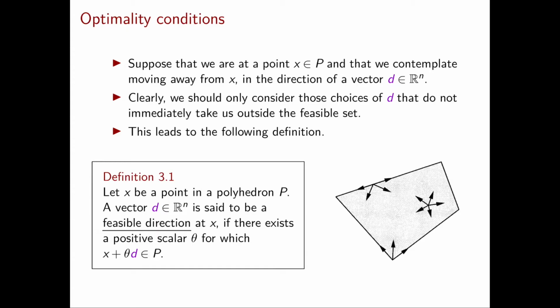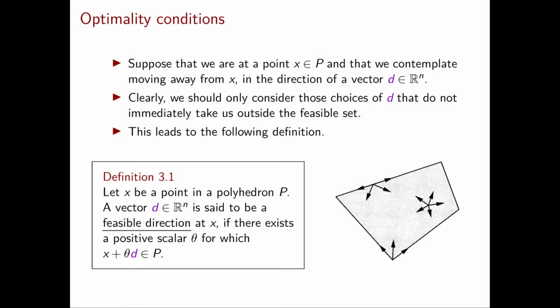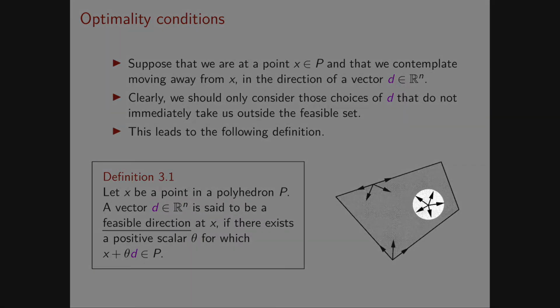In this case, our polyhedron is a quadrilateral in dimension 2. So let's say, for example, that our vector x is in the middle here. Then of course we can move in any direction, because if we pick any direction, we can always move in that direction and remain inside the feasible region, as long, of course, as we don't move too far.